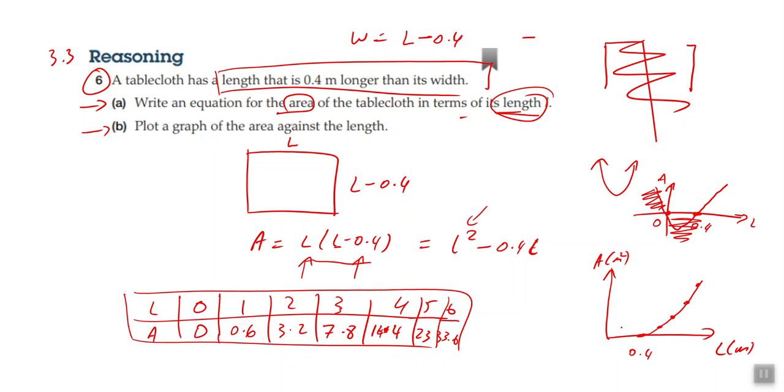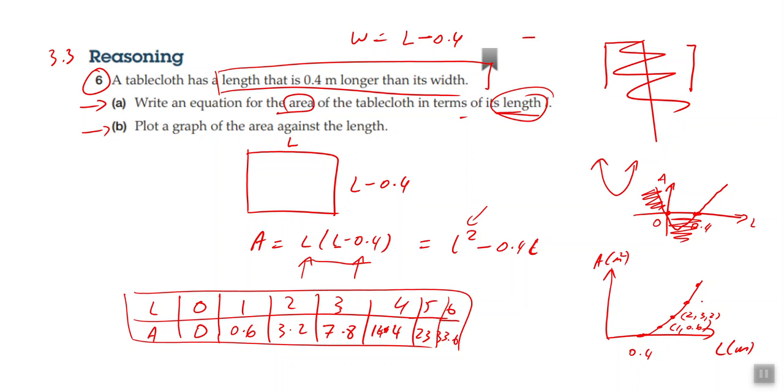So we're not going to plot 0, 0 because that's part of the graph we don't want. So we've got 1 and 0.6, 2 and 3.2, 3 and 7.8.